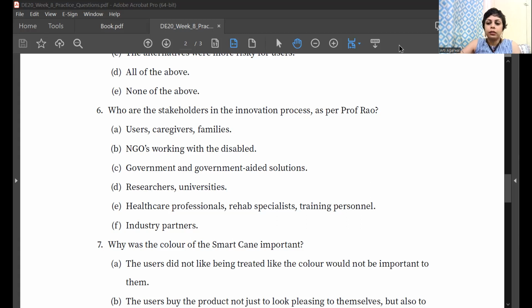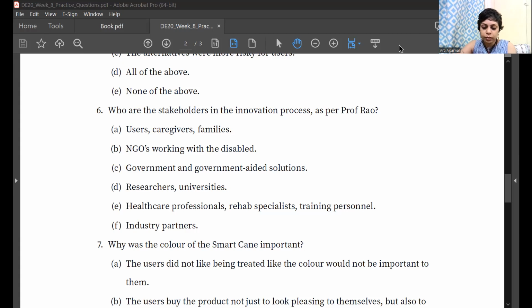But it is possible that their caregivers, their families, can point this out, that there is something about an existing product which is very difficult, or which is not as it should be. It's not ergonomic, maybe, or it is not fully fulfilling the requirements. Or it can also be that you have given them some prototype, and the prototype is actually reducing the quality of the value add you want to do.